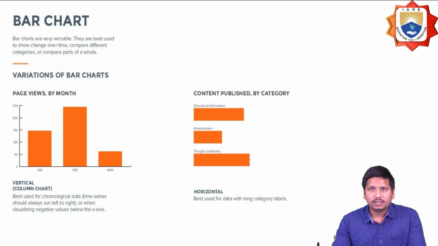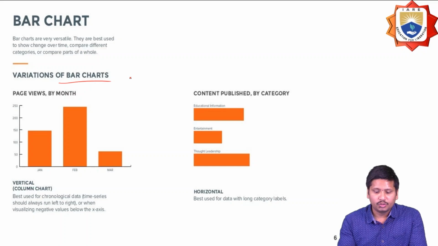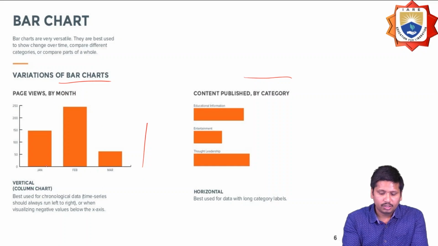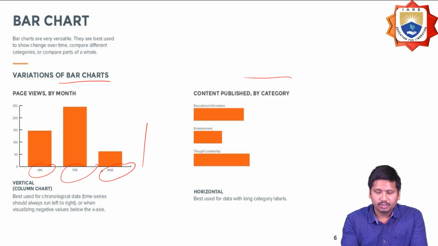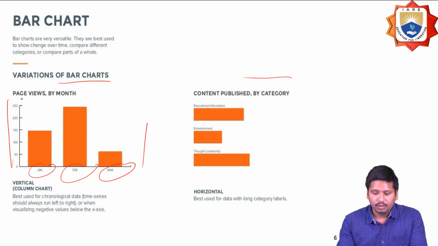Normally this bar chart has different variations. It can be in vertical fashion and then horizontal fashion. In the vertical one, I'm showing page views by month. On the x-axis I consider the months in a year, and the number of views for each month I show along the y-axis.